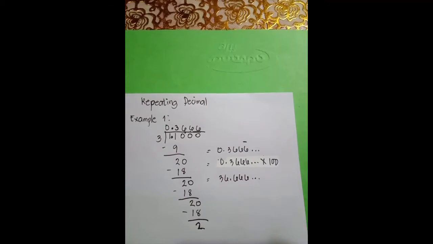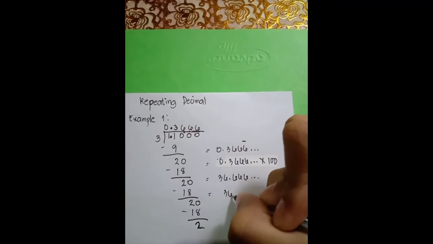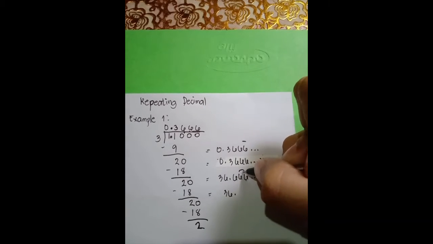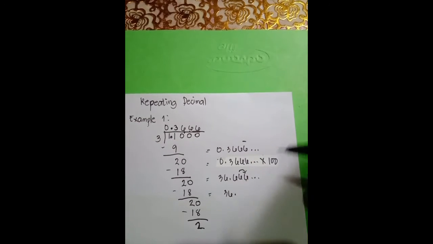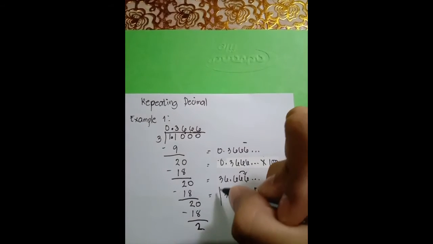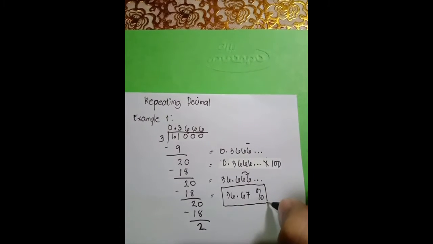And since it is repeated, the next thing to do is we will round off the decimal so that the repeating ends and it looks presentable. So we round off by the nearest hundredths. Therefore, we have here 67%. We should put a percent sign since our lesson is percent of increase or decrease. So that is example number 1.